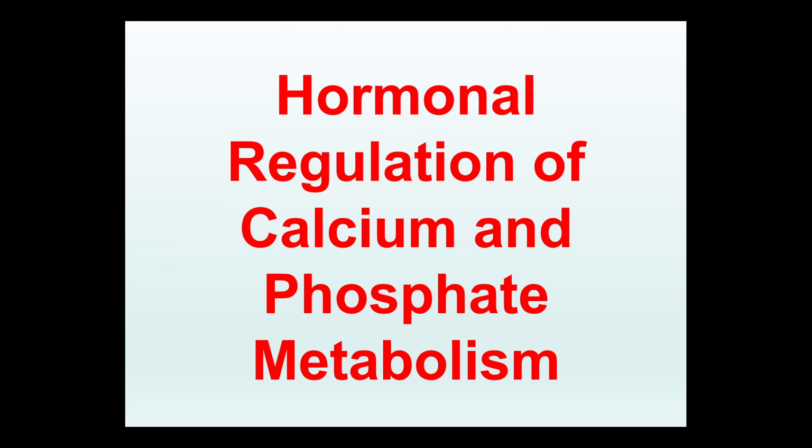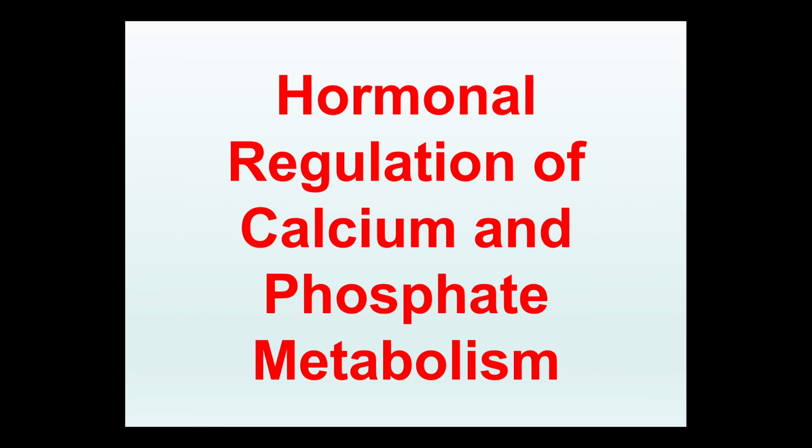Two hormones, parathyroid hormone and calcitonin, and one vitamin, vitamin D, are primarily concerned with the regulation of the calcium level in our body, mainly in the blood, so they regulate calcium homeostasis.